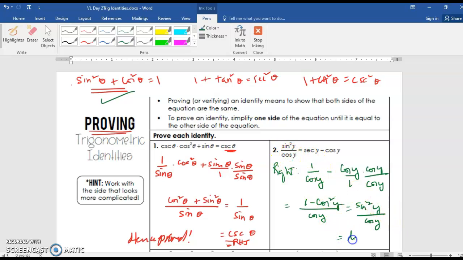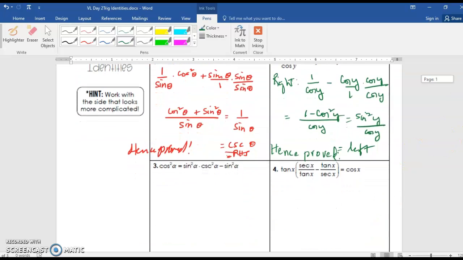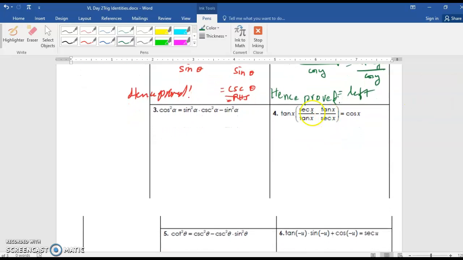So we proved the identity, hence proved. We used to love writing hence proved because we really did prove, right? It's not necessary that you need to write this, but it's just my own way of relishing the memory of my childhood.